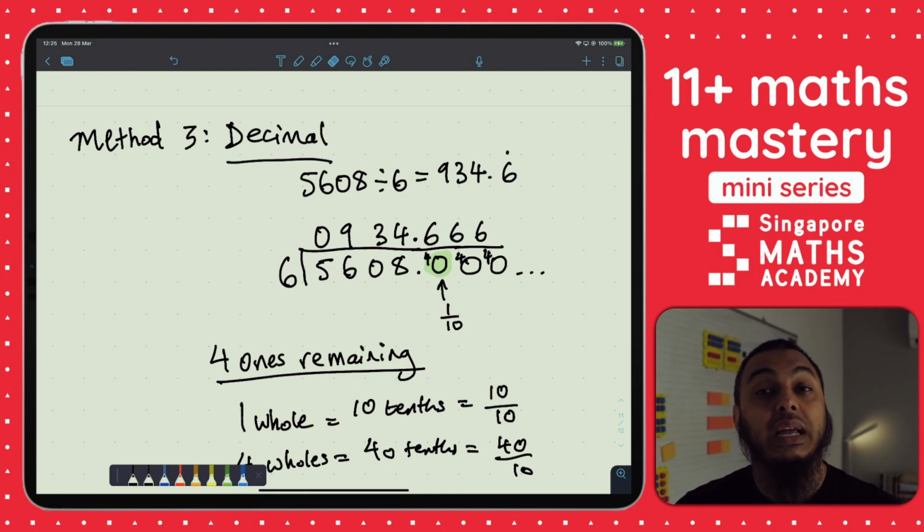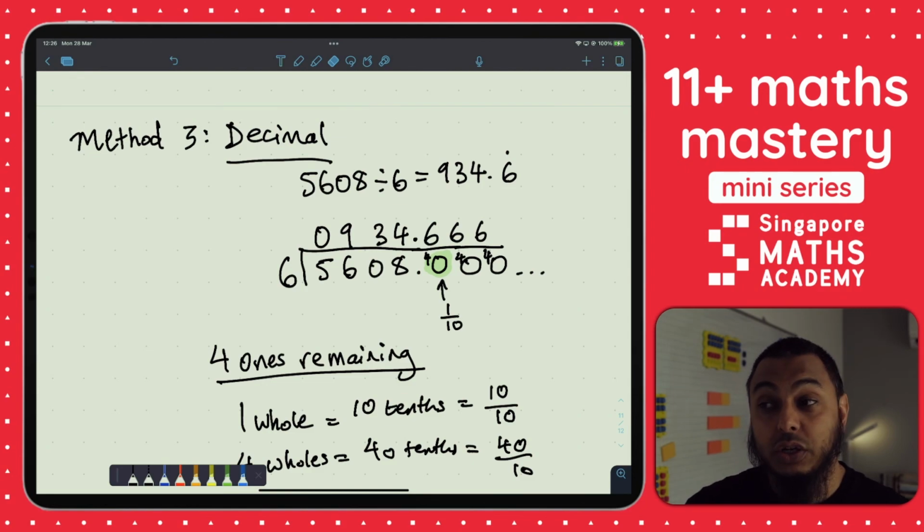And so I need to learn how to divide and leave the answer as a decimal as well. I hope this video helps you understand why we do what we do when we divide, whether it changes into a fraction, a mixed number, or a decimal. Hopefully you get a better understanding and you can attempt some questions your parents give you now.